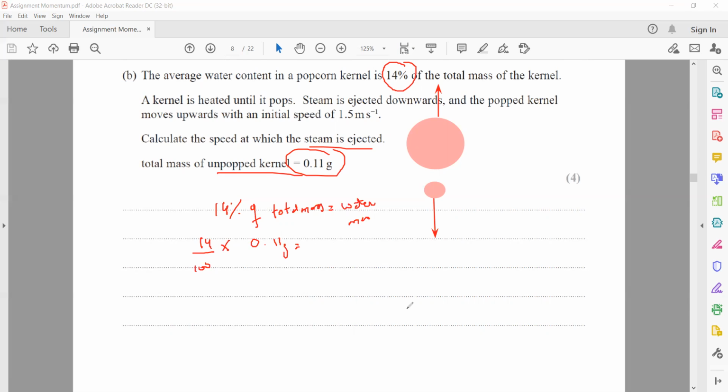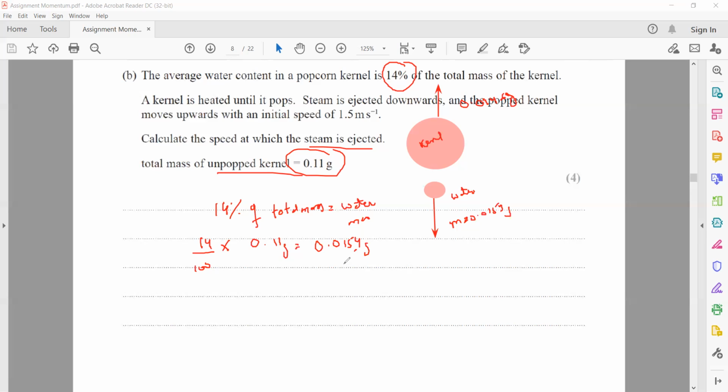So this will give us the mass of the water, which comes out to be 0.0154 gram. So the mass of the water is 0.0154, and when we do 0.0154 minus 0.11, it will come out as 0.0946 gram, and that is the mass of the popped kernel, and this is for water.